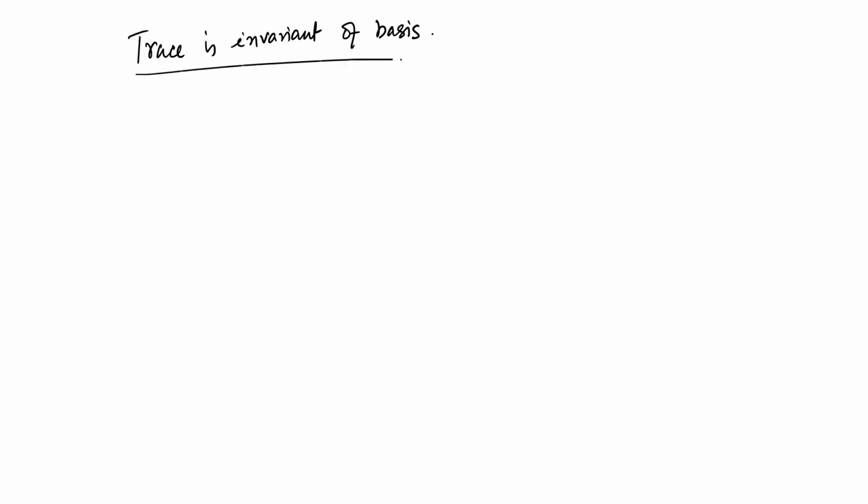And why is it so? Physically, trace actually means that these are the sum of the diagonal elements, or it is basically the matrix elements of the operator between like states. That is, when you have the same states used here.